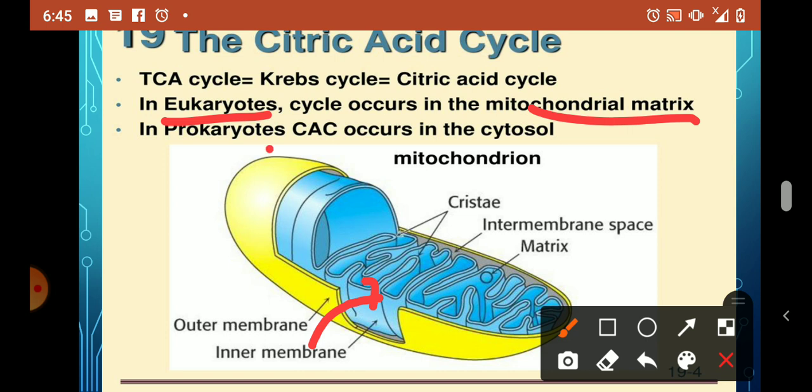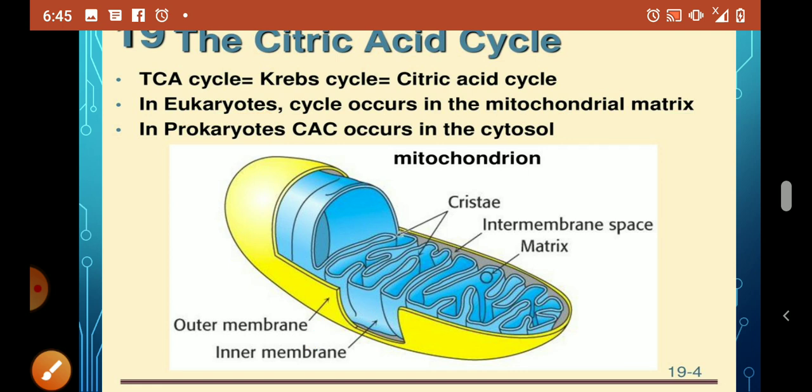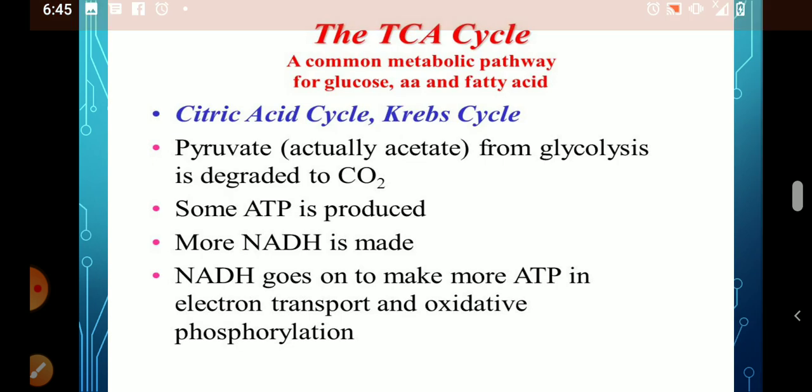CAC means citric acid cycle, which goes on in the cytosol of the cell. Now we will see the TCA cycle, which is a common metabolic pathway for glucose and fatty acids.